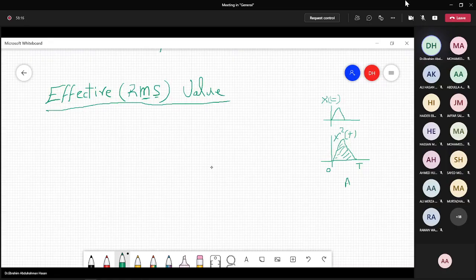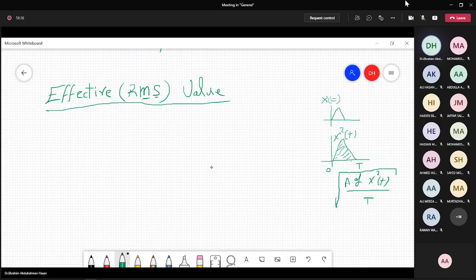Area of x squared t divided by interval T. Then we have a root, so all this is divided under root. So it is root mean square.